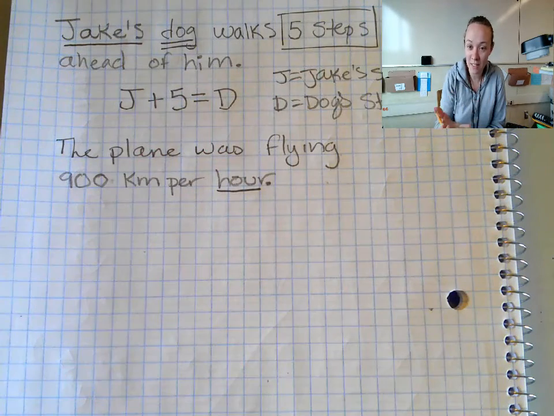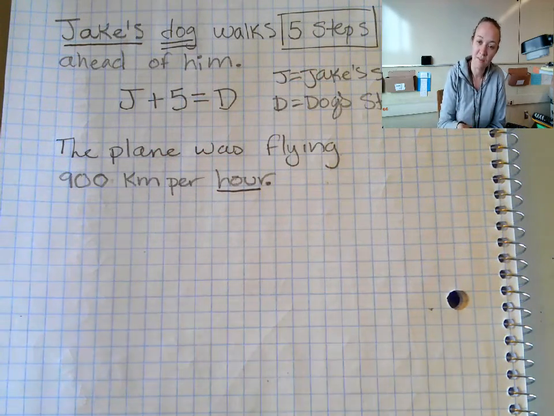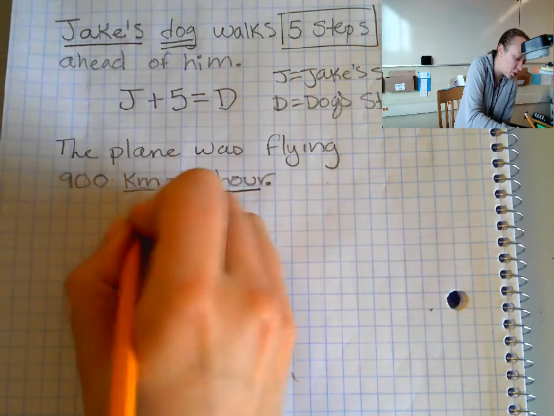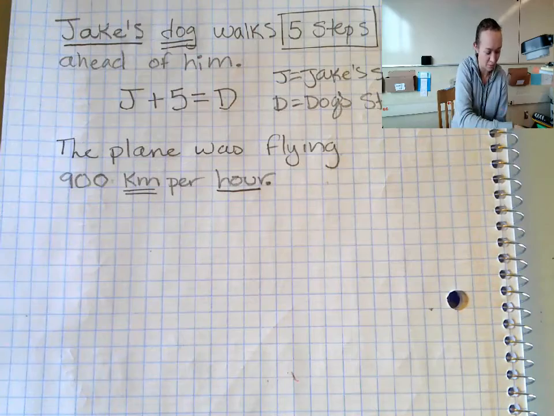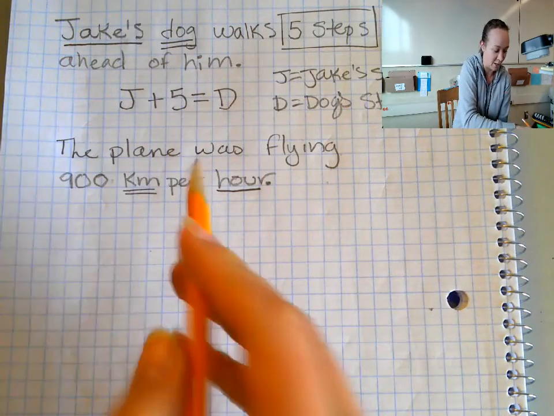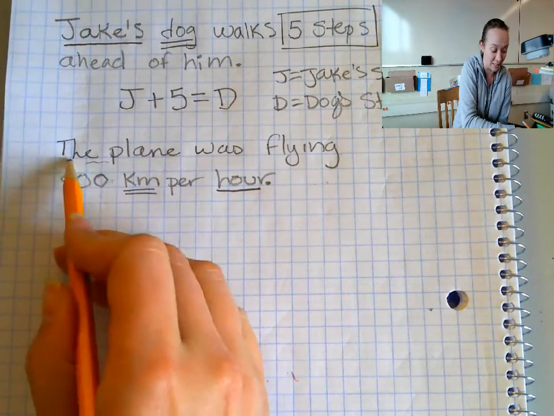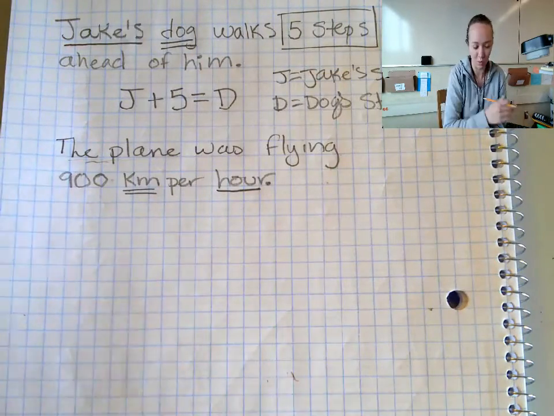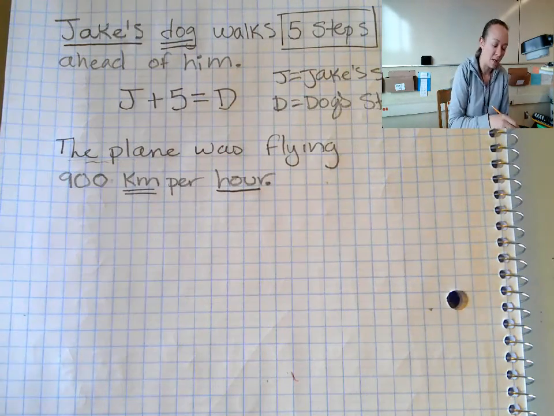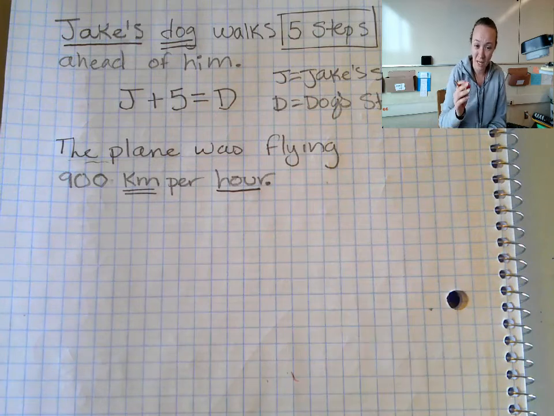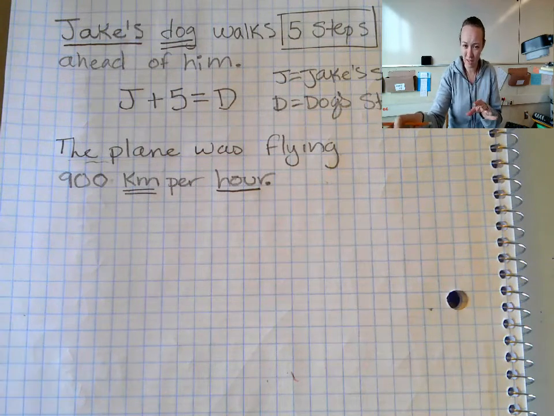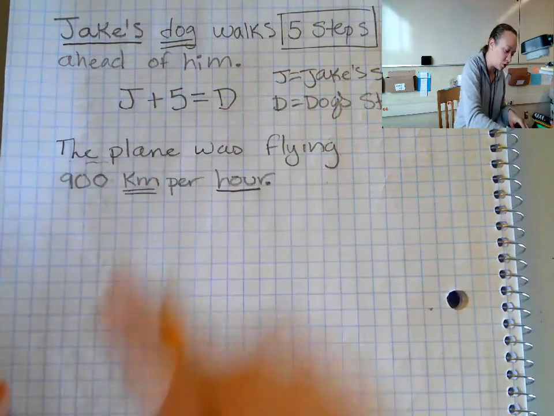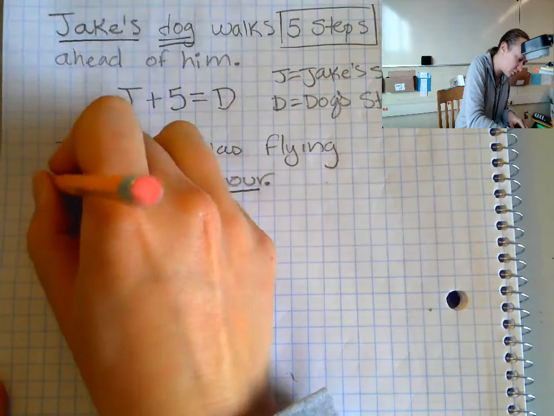And then the distance that it travels is going to be the dependent variable. So the kilometers is our dependent variable, or I could see how maybe you would have double underlined the plane instead if you were thinking about this as the plane's distance. I'm going to stick with kilometers for right now. And then the rate, is this like it goes 900 once and then it's done? No, this is the speed. That's a rate. So we are going to circle our rate.